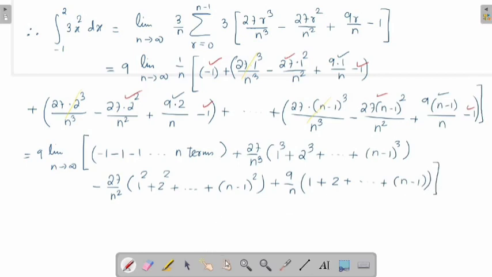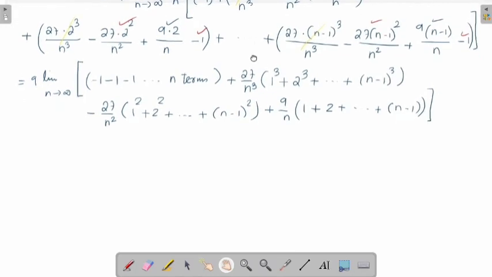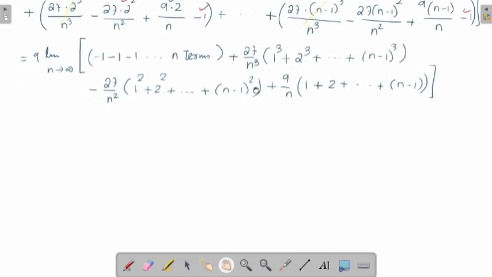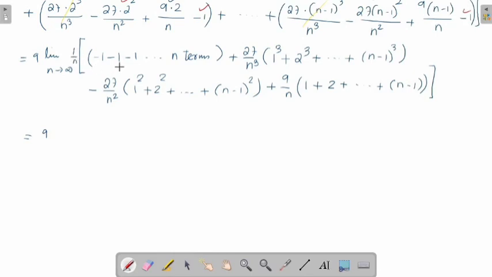Now you can pause and note down if you have any difficulty here. Here we will again go back to the formula that we have learnt. Okay, so we have 9. Just wait a minute, I have not written 1 by n, I guess. Yes, 1 by n is missing.